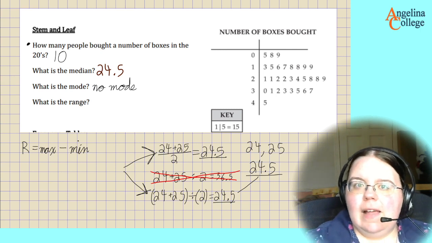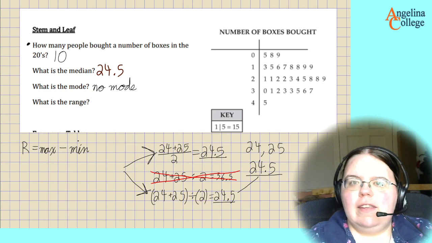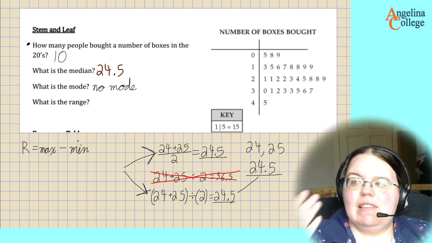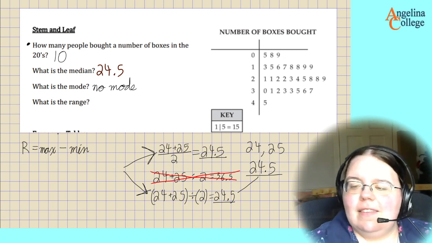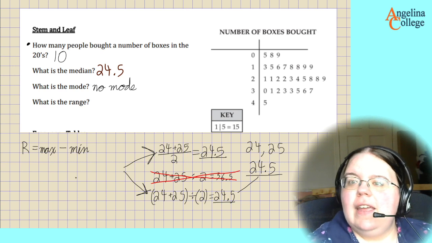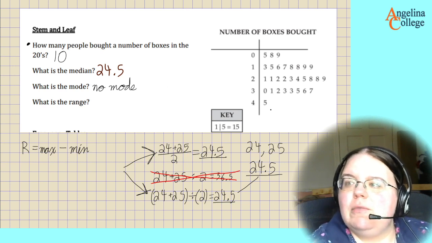If we spread these all out on a dot plot or a line graph and we measured off the distance that this data set goes across, that would be the distance between the maximum and the minimum. Since it's not convenient to have to do all that drawing, it's more convenient to just do one simple subtraction.